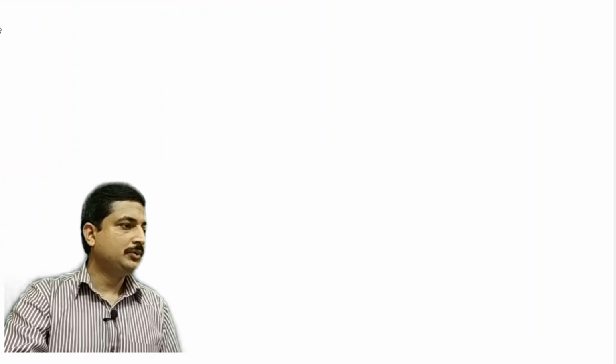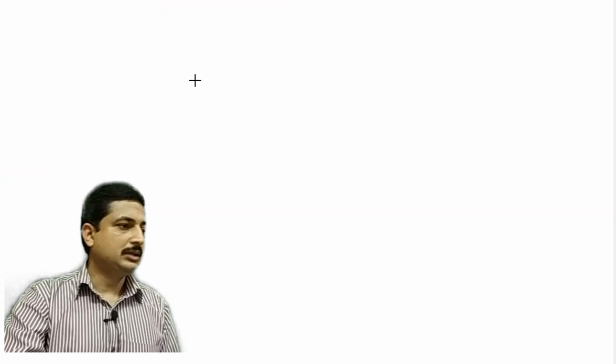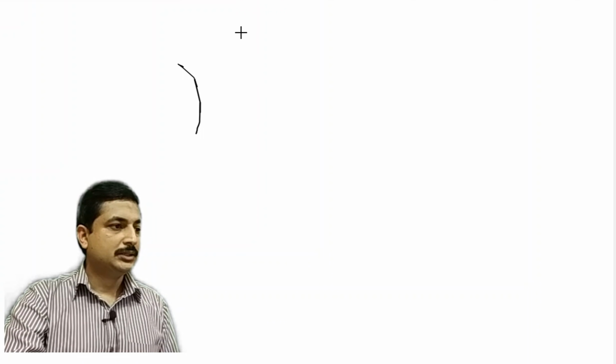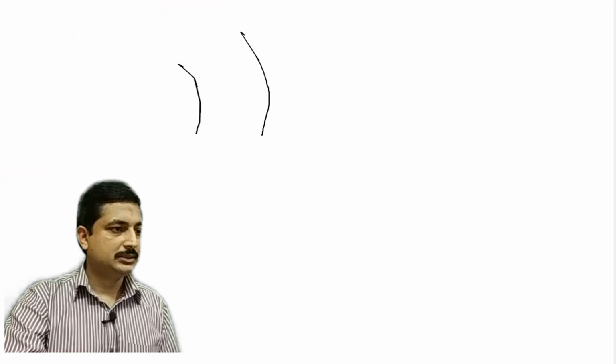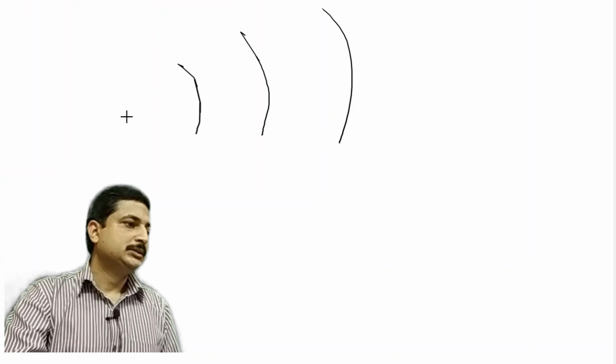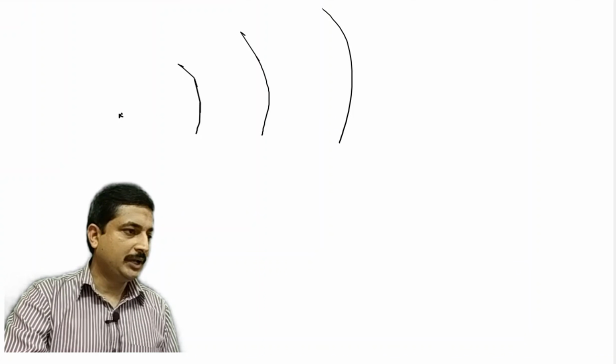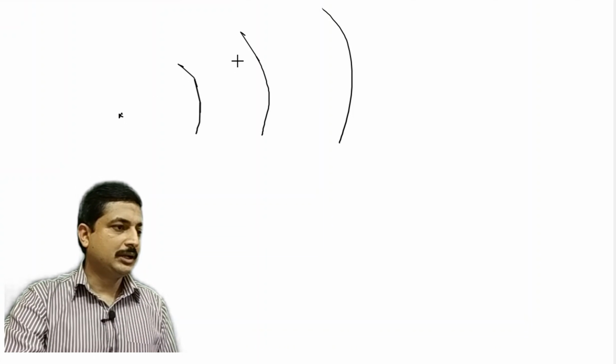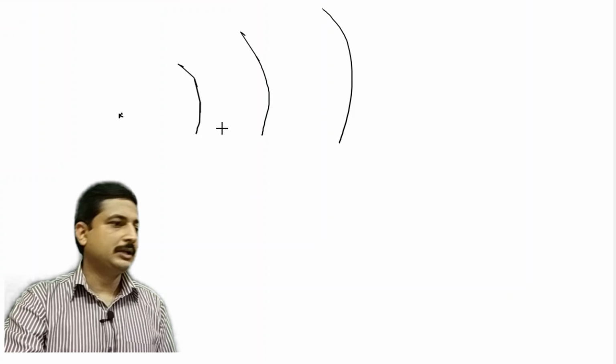So if you draw arcs, for example, you have one arc here, this is one arc for you, this is another arc, this is a third arc, something like this. Then this is the point from where you have drawn these. You have taken an initial measurement and drawn this arc, taken another measurement and drawn this arc, taken another measurement and drawn this arc.